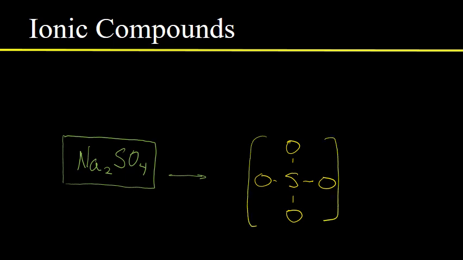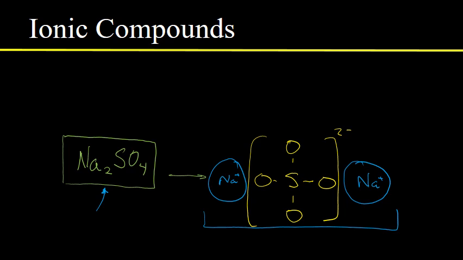which has a charge of 2 minus, and then stuck on that or associated with it or electrostatically attracted to it, whatever you want to say, are a couple of sodiums, right? And so being able to name this correctly as sodium sulfate is important to understanding what this actually is.